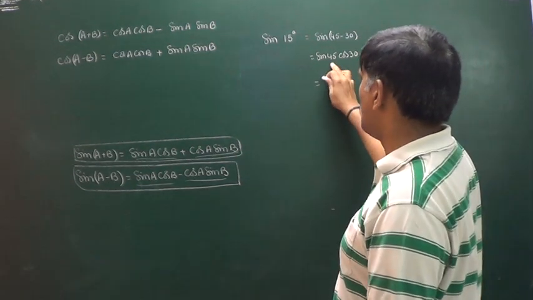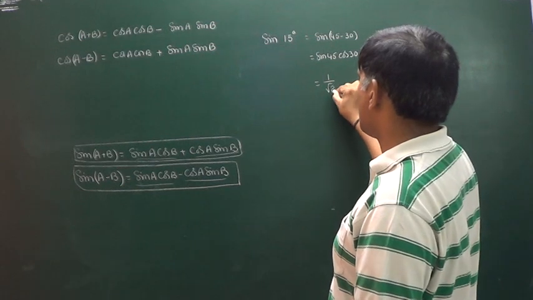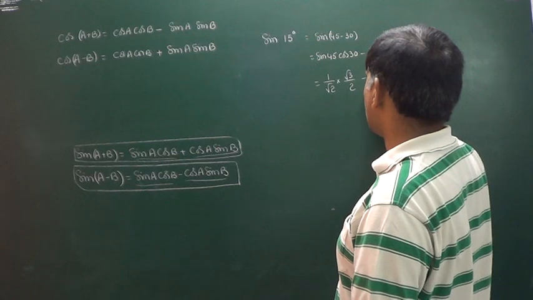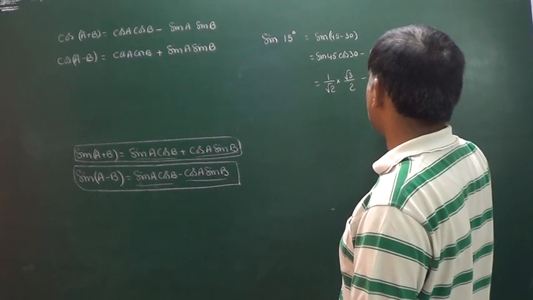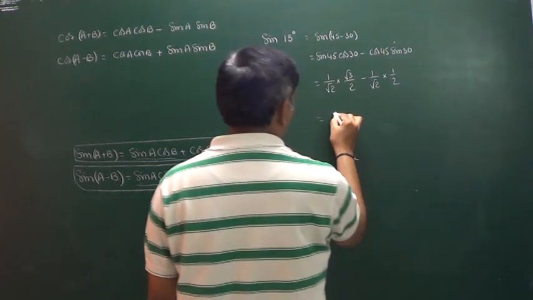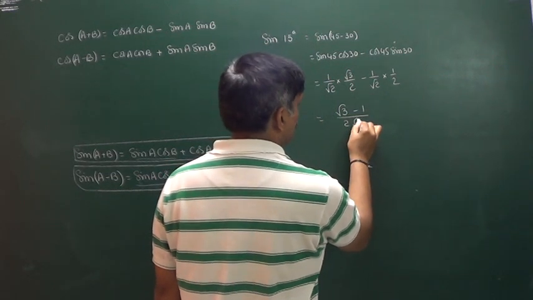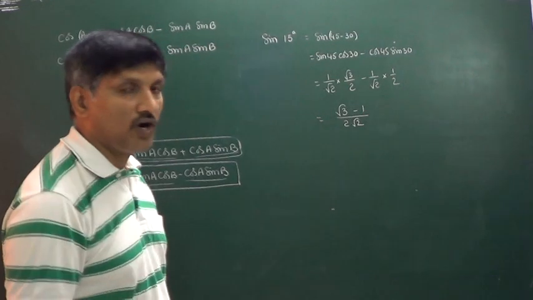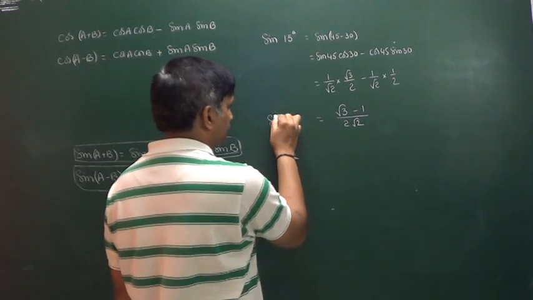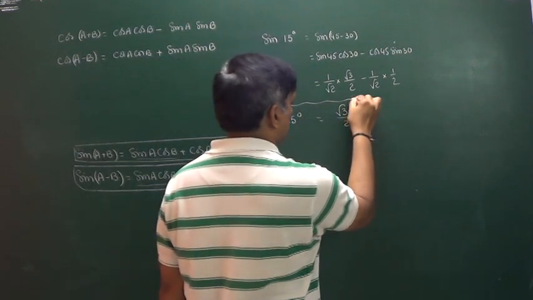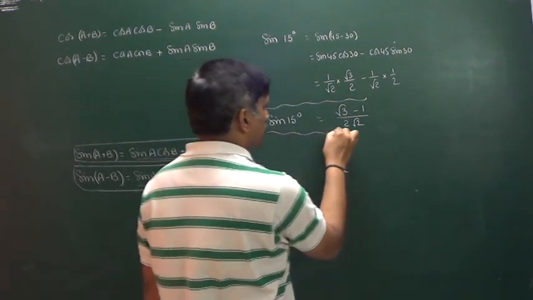That is 1 by root 2 into root 3 by 2 (cos 30), minus 1 by root 2 (cos 45) into 1 by 2 (sin 30). Therefore the answer is root 3 minus 1 divided by 2 root 2. Sin 15 degrees is equal to (root 3 minus 1) divided by 2 root 2.